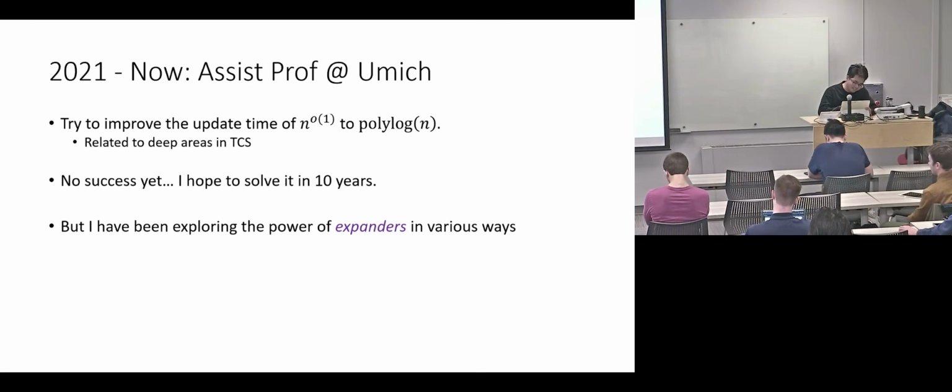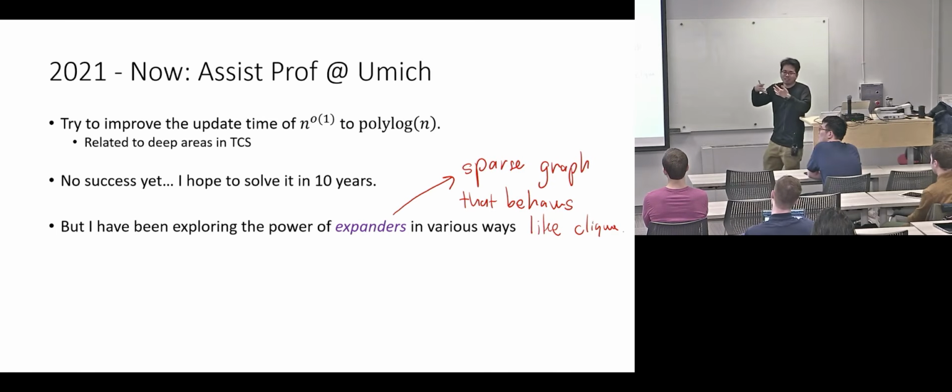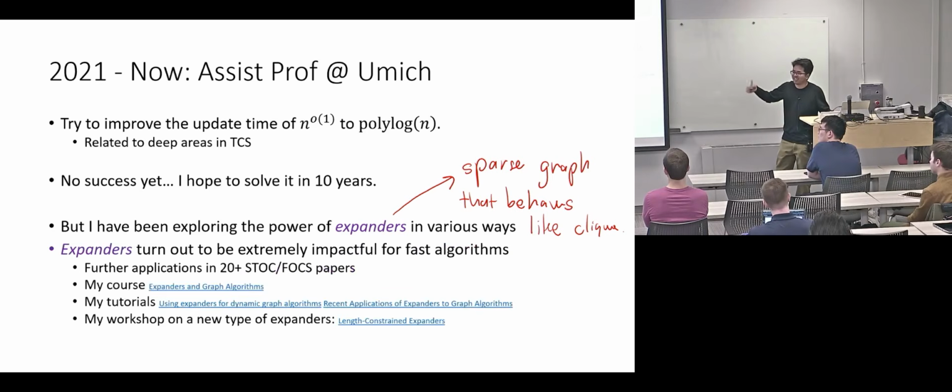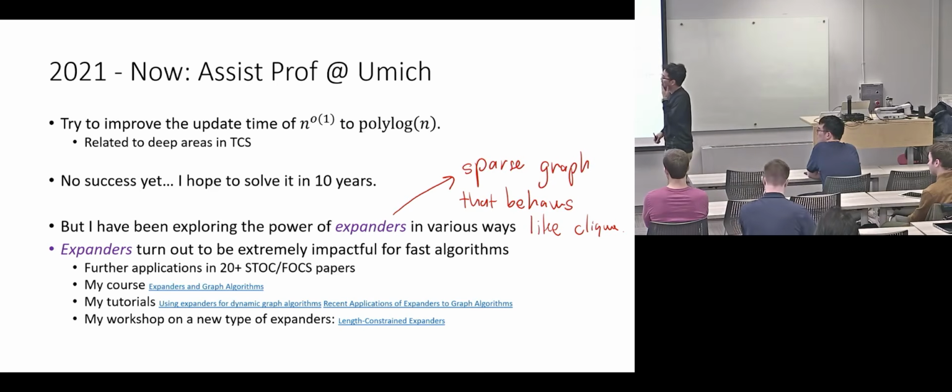An expander is a sparse graph that behaves like a clique. A clique is the densest graph, but here is a sparse graph, and yet it behaves like a clique. I will not define it too much. You can look up on the internet what it is, but it turns out to be super powerful stuff.